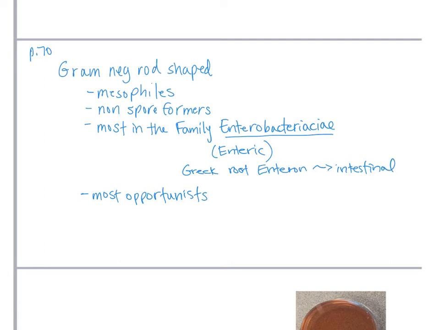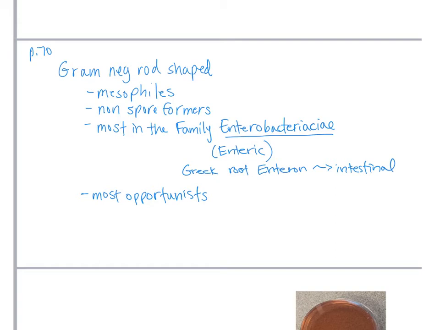And what that means is that they typically are not going to cause disease in humans unless certain circumstances arise. Okay, so for example, E. coli is an organism that's normally found in our large intestine. It's not going to cause us any harm unless, say, the bowel is perforated and those organisms get out into our body cavity or get in the bloodstream.